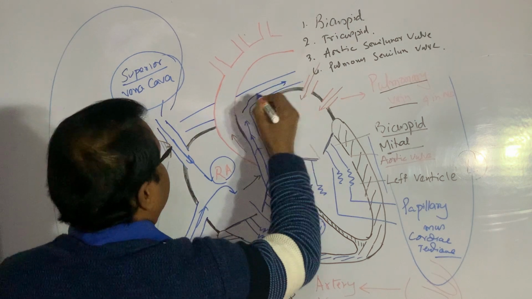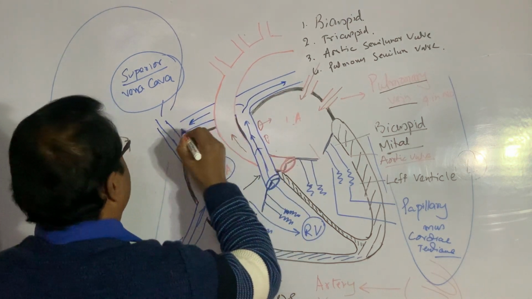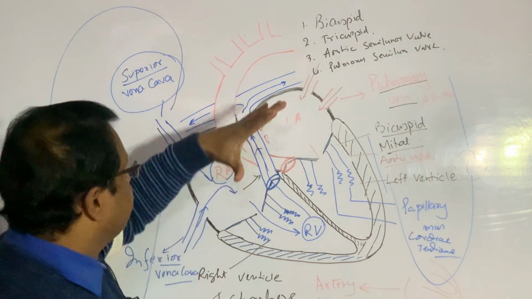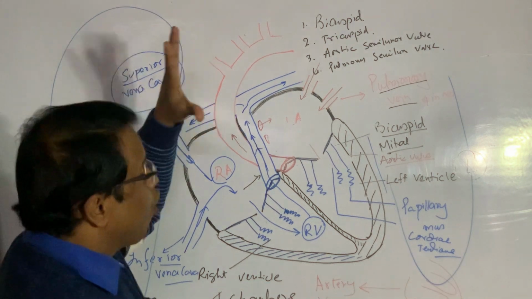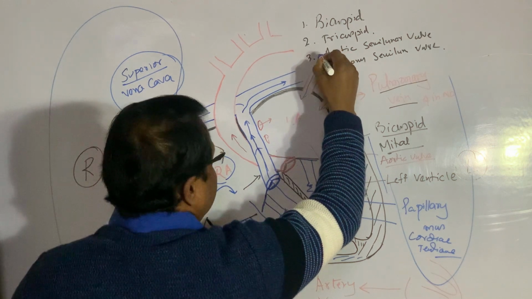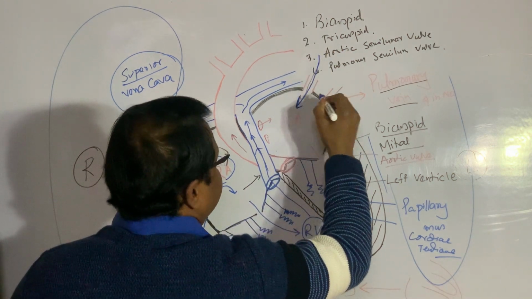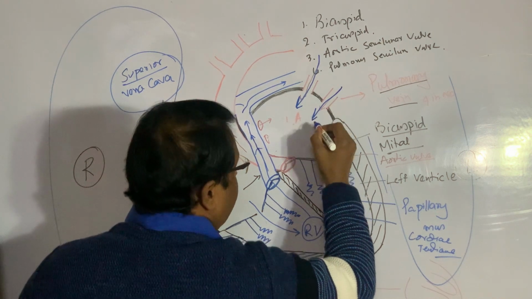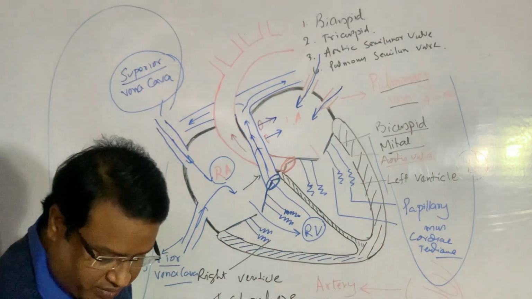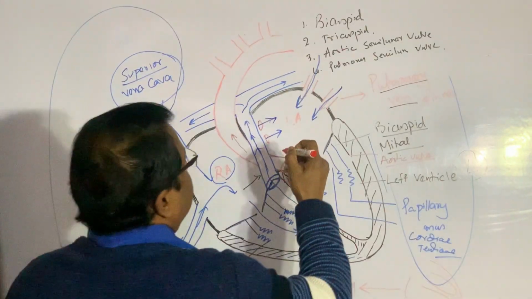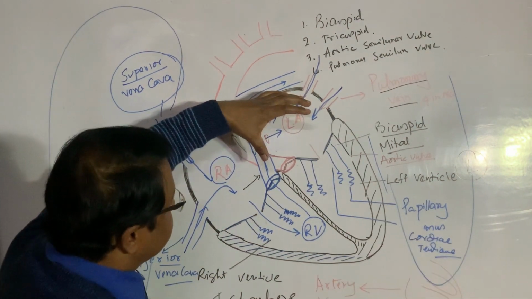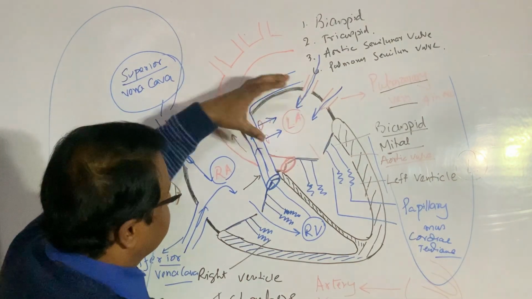In this way, in the pulmonary bed, blood gets oxygenated, and it comes back into the left atrium through 4 pulmonary veins. When the left atrium is full of blood, it starts contracting.